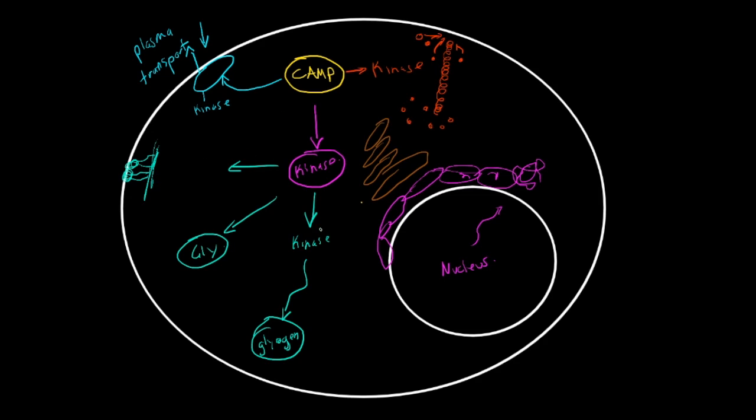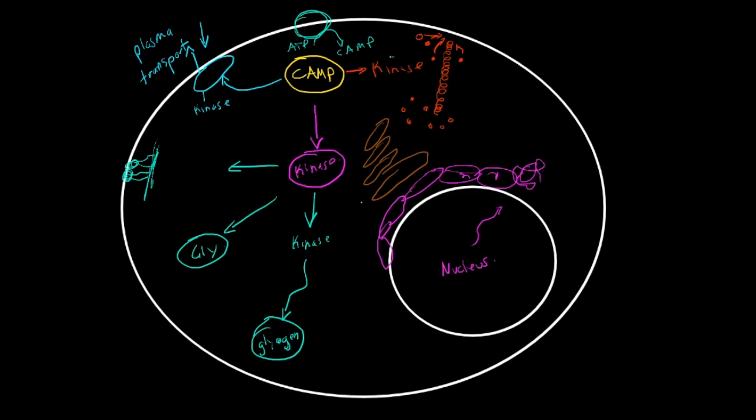So this is just kind of a schematic illustration to see these are just a few of the many pathways that cyclic AMP can mediate based on its activation from the adenylate cyclase up here that causes ATP to become cyclic AMP.